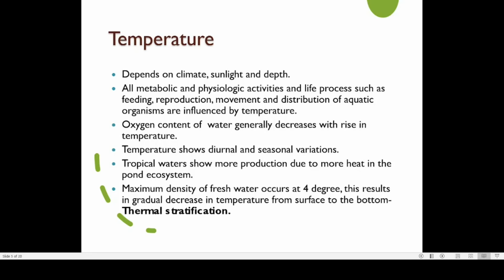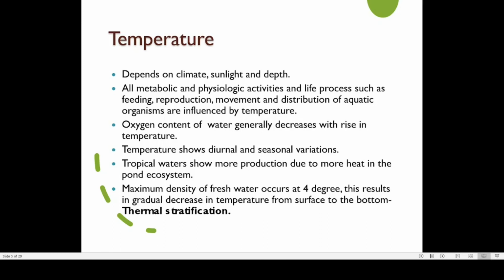For example, in summer the temperature of the pond will be higher, whereas in December or the cold winter season, the temperature may be low. That is known as seasonal variation. In aquaculture, both daily and seasonal variation are important because they affect the growth of the fish. So when we are cultivating, we have to make sure that we provide the fish an ideal temperature which helps them to grow at optimal condition.